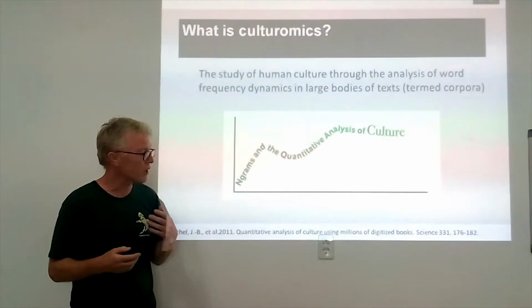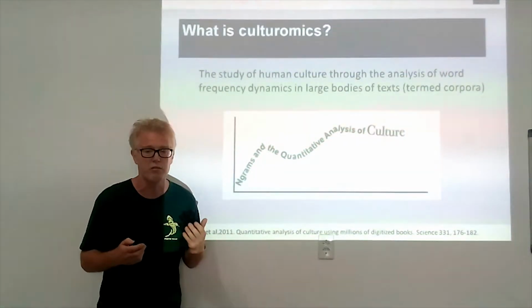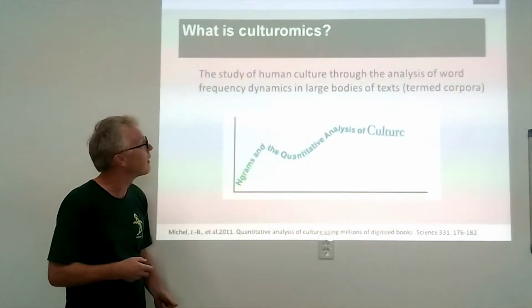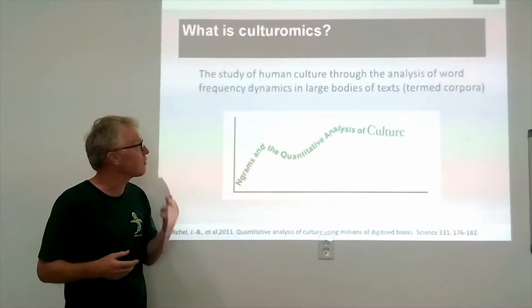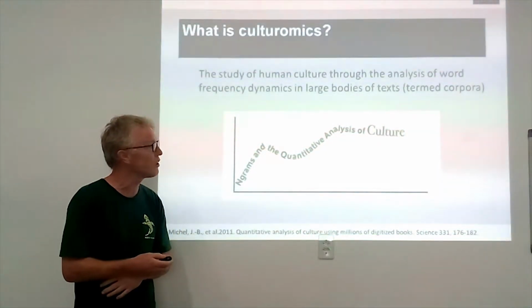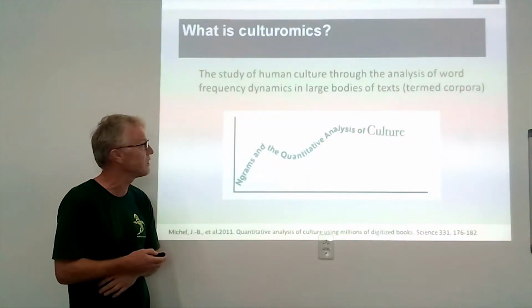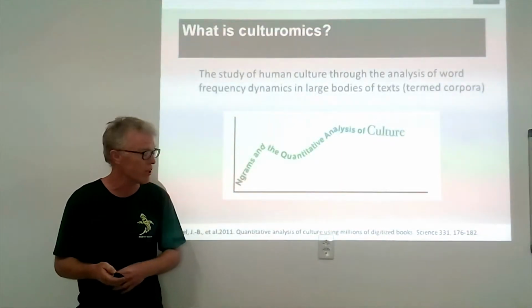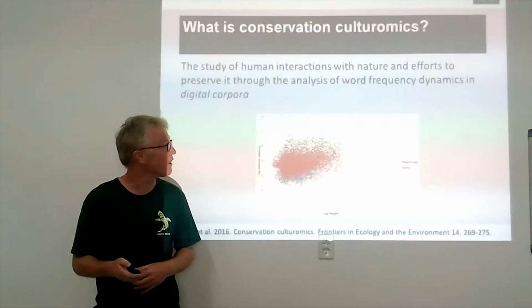So, first of all, what is the formal definition of culturomics? According to the Mitchell paper, culturomics is the study of human culture through the analysis of word frequency dynamics in large bodies of texts, these texts being termed corpora.